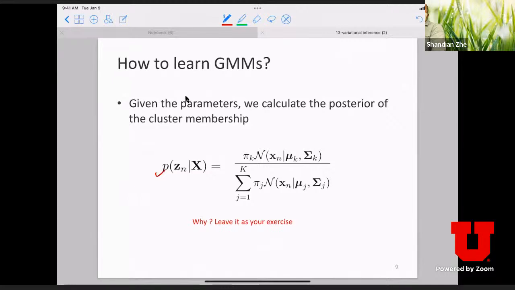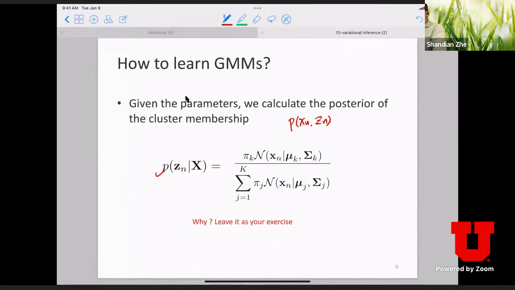If you compute the conditional probability just using the Bayes rule. Yes, exactly. Just use the Bayes rule. And this is straightforward because you know the form of P of X and Zn.